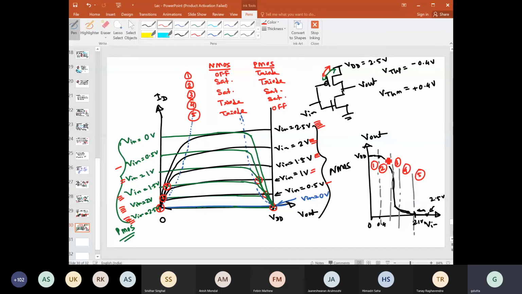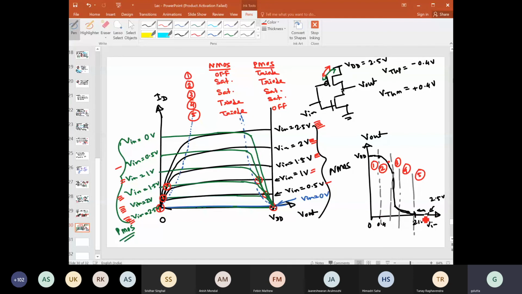If you have understood this, then you also know the expression of this NMOS and this PMOS. From that you should be able to find the value of VOH. Sorry, VOH you already know. VOH dash you already know. You should also be able to find VIL, VIH, VOL.